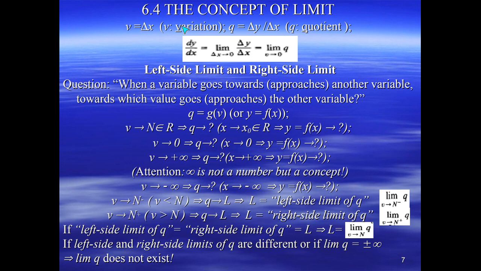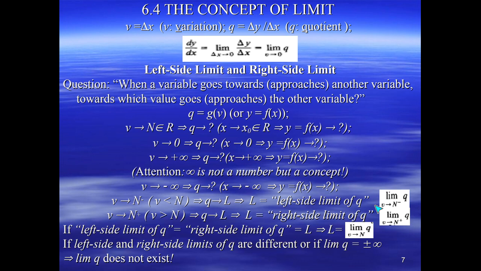And v is the initial of variation, for delta x, variation in x, change in x or difference in x. You see, this is v. So instead of v, you can put x, and instead of q, you can put y if you wish, and you obtain the same story and the same formula as in the mathematics book.